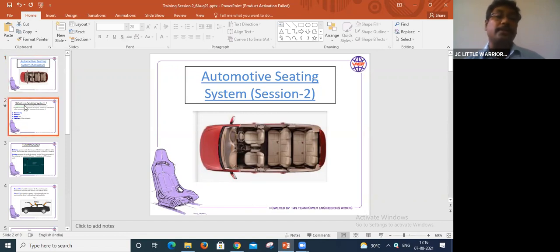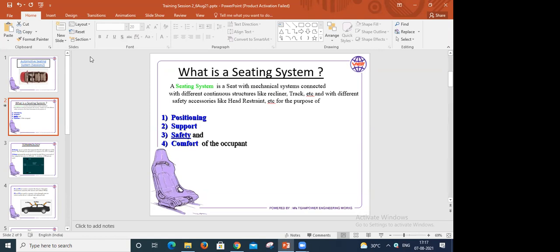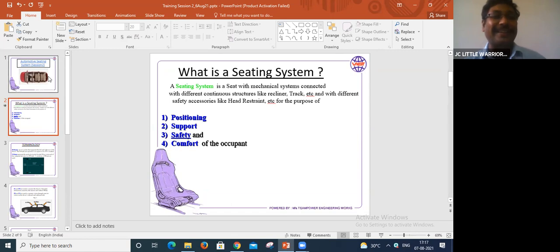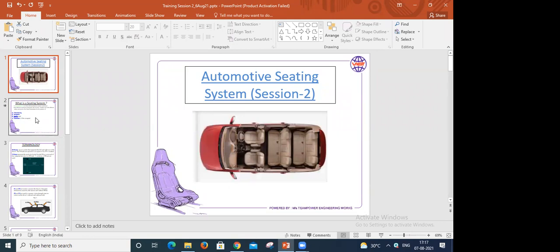So, what is a seating system? How can you define it? I think the nightingale is disturbing us. Are you enjoying it or is it disturbing? I don't know, it's increasing its voice. It's nature, we cannot do anything. If it is disturbing, then I can close the door. Is it disturbing you? Yes, sir, it is fine. I'll just close the door.